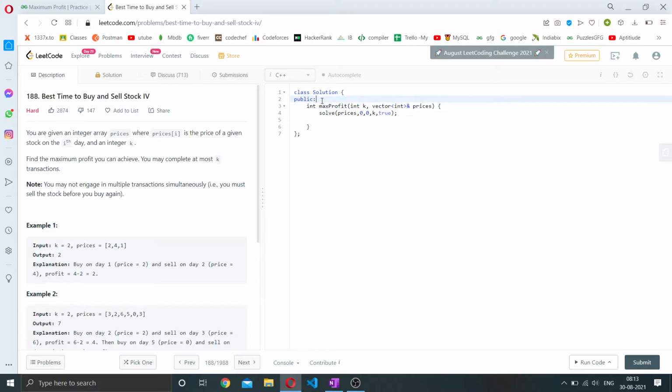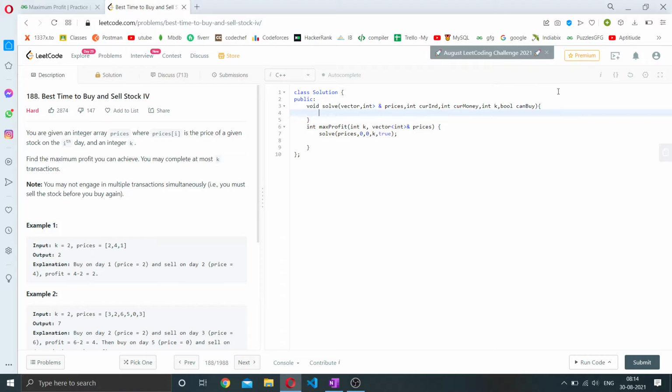So this is what our recursion looks like, and our function returns nothing. We have a function solve where we have a vector of int prices, the current index we are at, the current money we have, the transactions we are left with, and the bool that says whether we can buy or not.